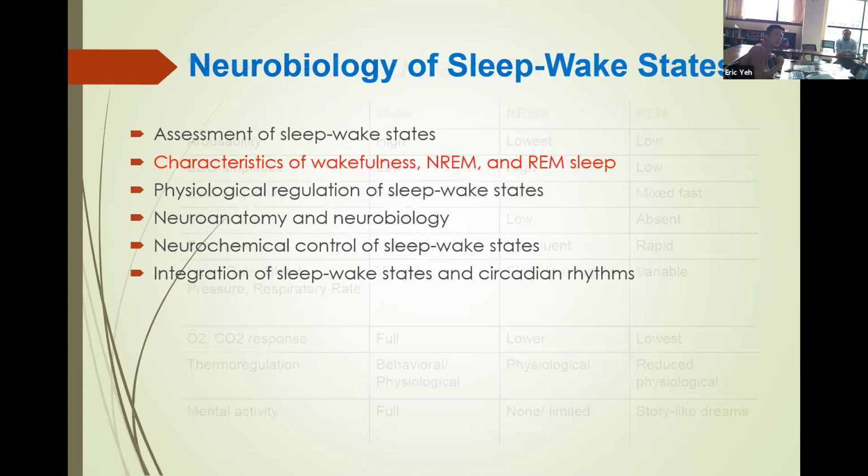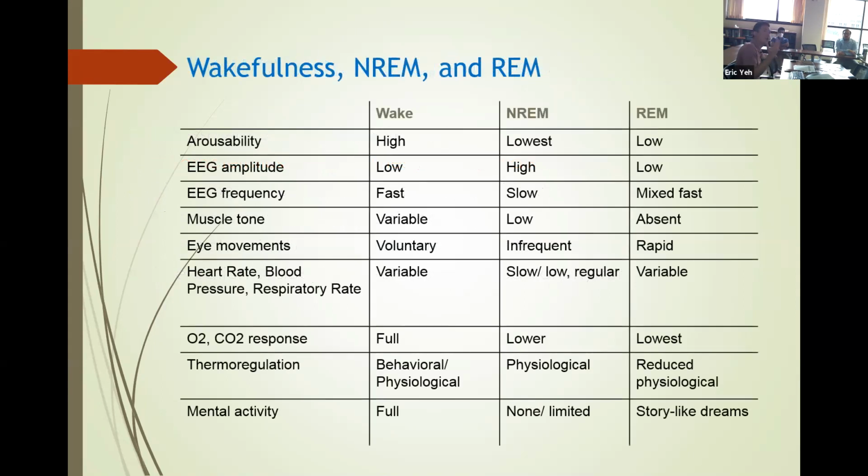So during wake, non-REM and REM, arousability during wake is high, non-REM is lowest, REM is low, and you can see that with the EEG amplitude. Non-REM sleep has high voltage but slow frequency, right? Slower, and then mixed fast REM but with low amplitude.